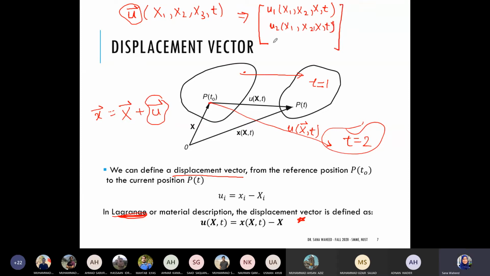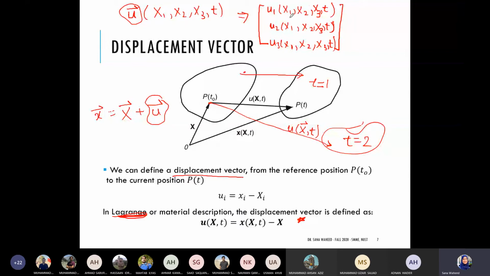And similarly u3 is also a function of each of them. If I need to expand this point a bit more, let me know, then I can do that. But my point is it's not necessary that displacement in the x direction is only dependent on the x position. The displacement in the x direction could actually be dependent on each of the x, y and z components and so on. Okay?